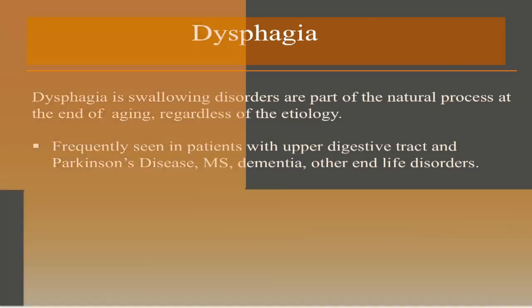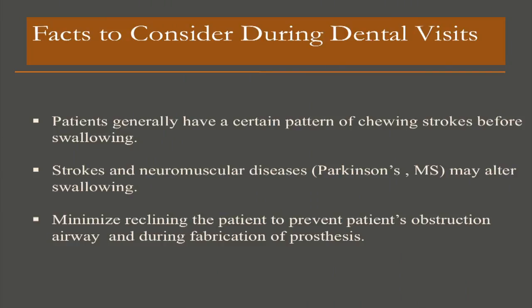Generally, people have a certain pattern of chewing strokes before swallowing. As a practitioner, pay attention to that with your patient. Strokes and neuromuscular diseases such as Parkinson's and MS may alter swallowing, changing that pattern of swallowing.